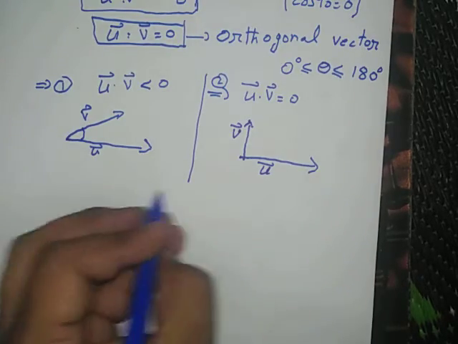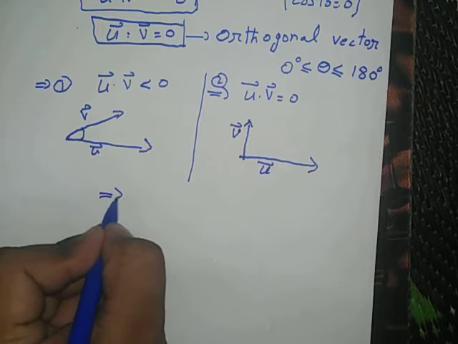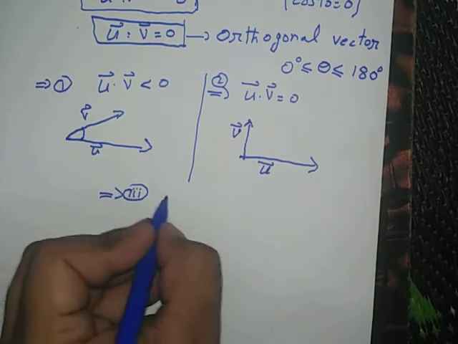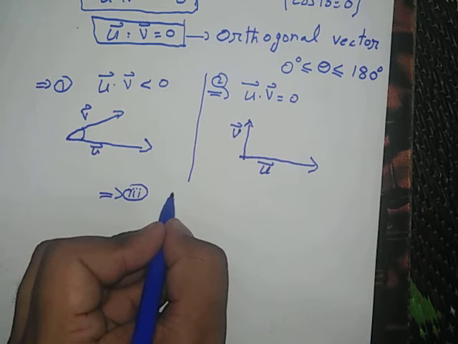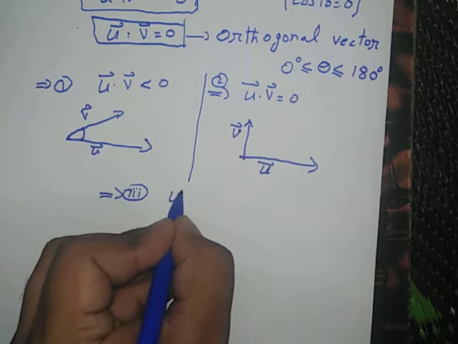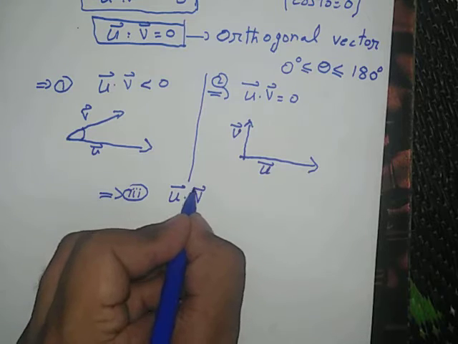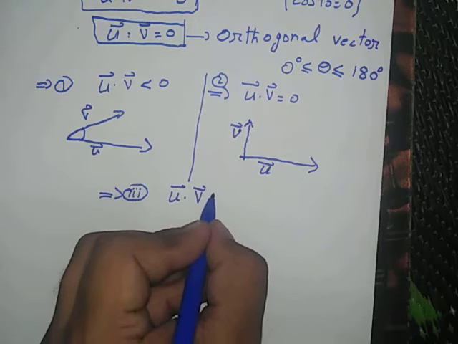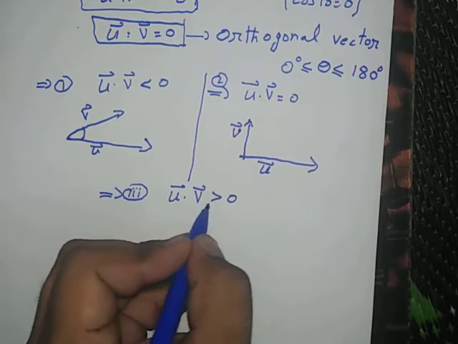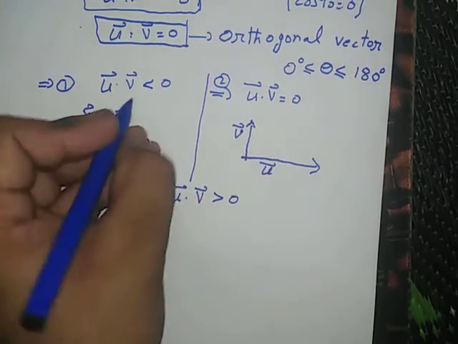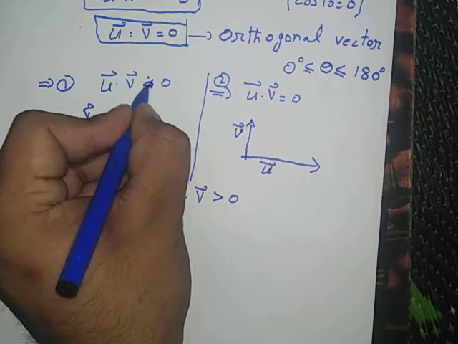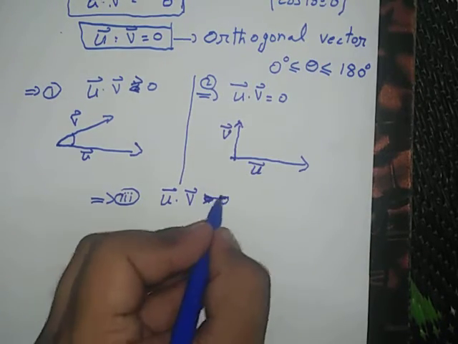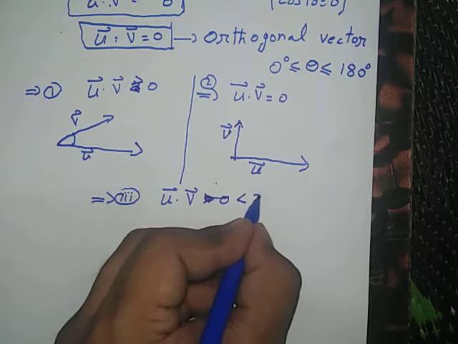The third case is if we have u dot v greater than 0. Sorry, this is for the greater than 0, and the third case here is for less than 0.